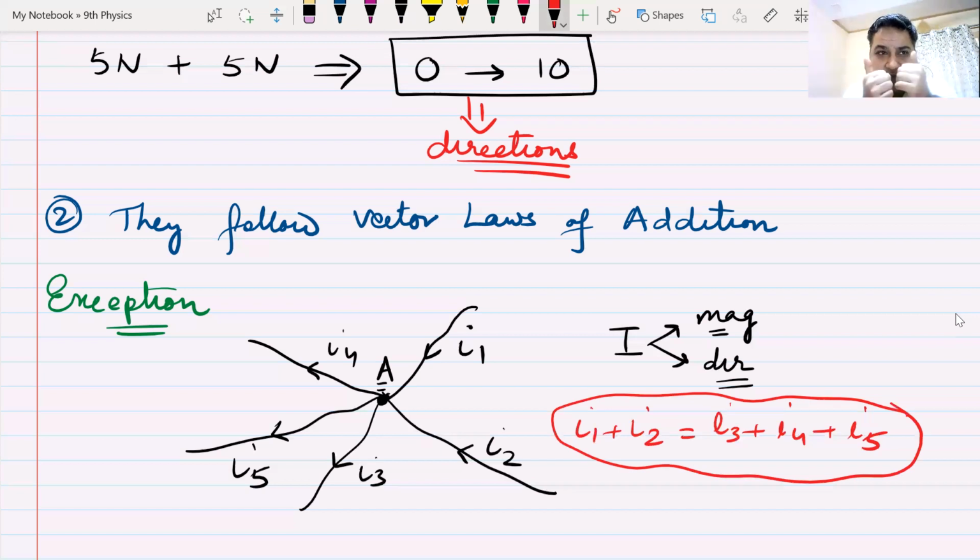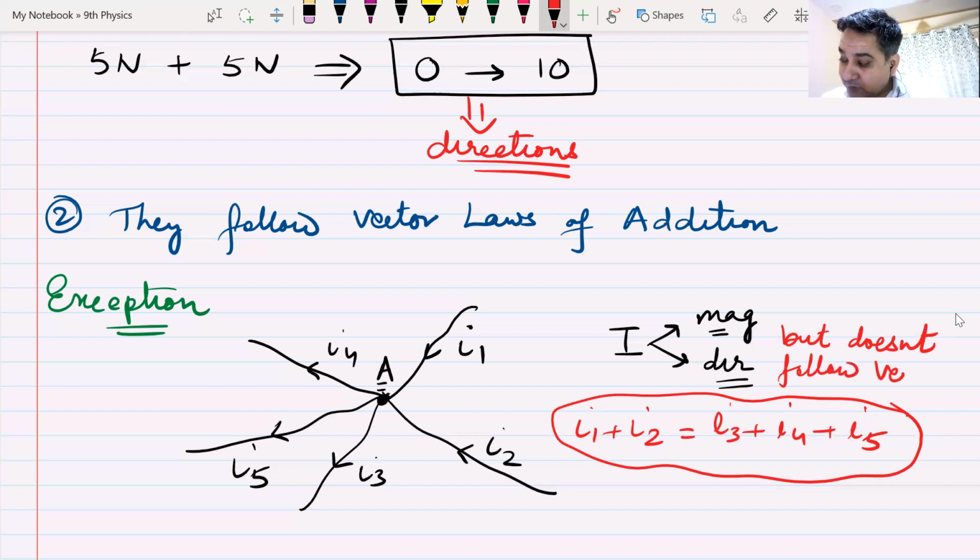Incoming current is equal to outgoing current. Current is a quantity which has both magnitude and direction, but it does not follow vector laws of addition, and hence it is not treated as a vector.